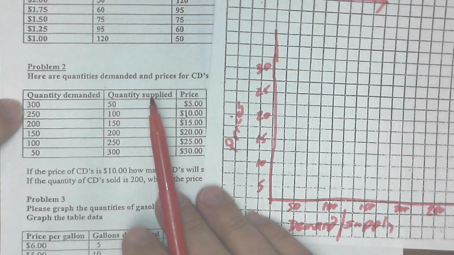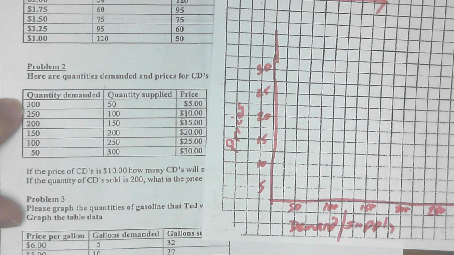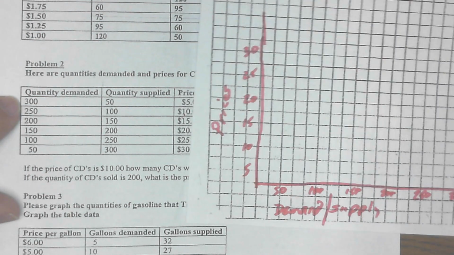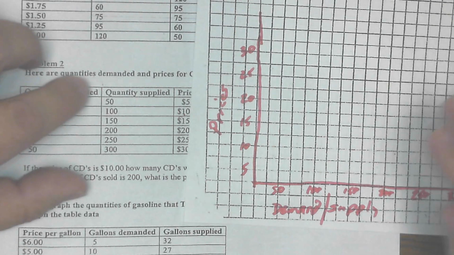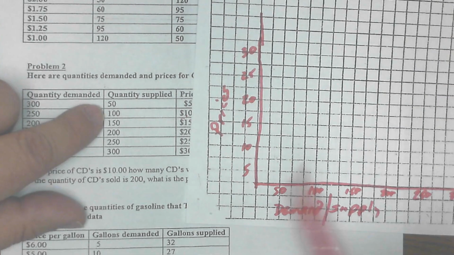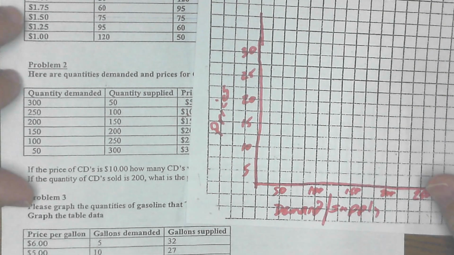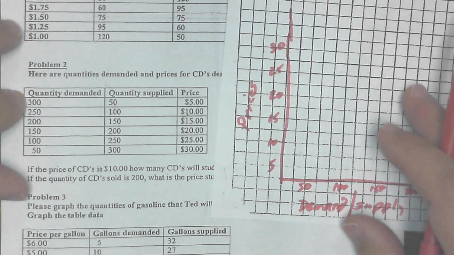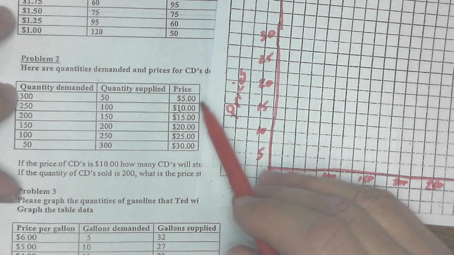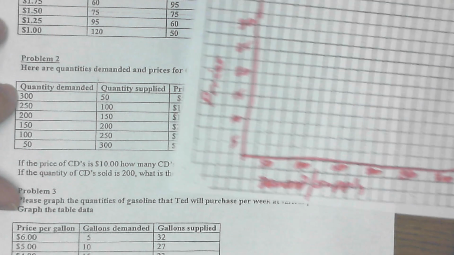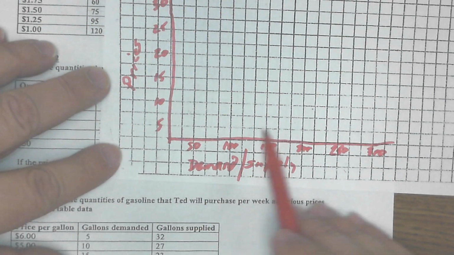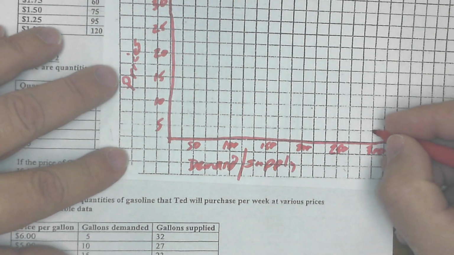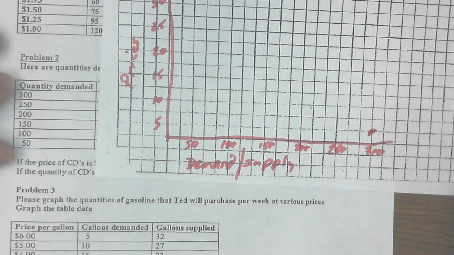So $5, quantity demanded is 300. I'm sorry, we'll start with price. Yeah, price $5, quantity demanded is 300. So we got a 5. Take it all the way down here to the 300 and put our little mark.